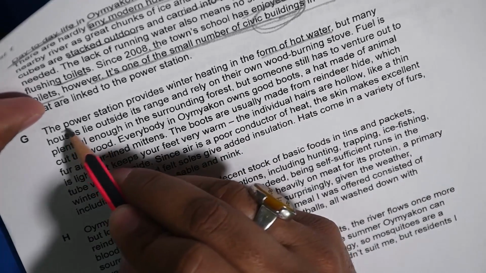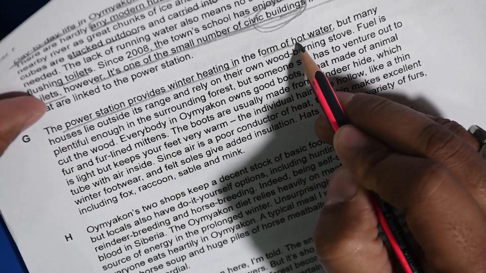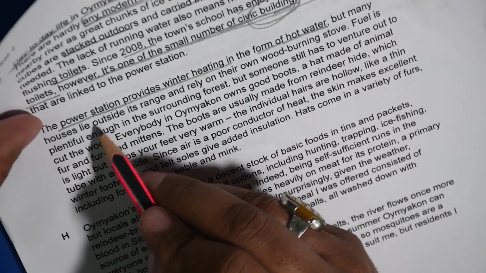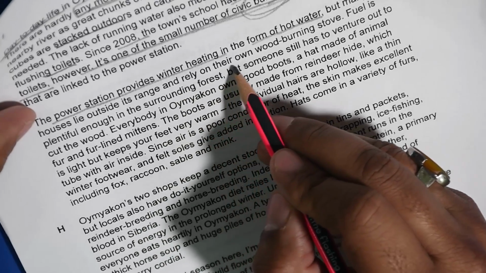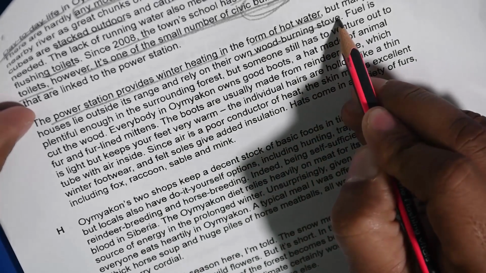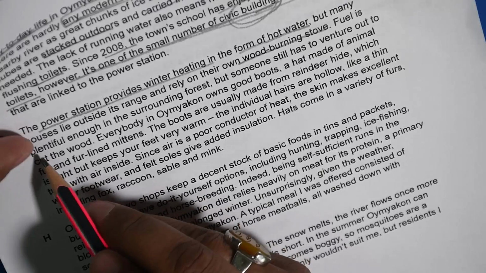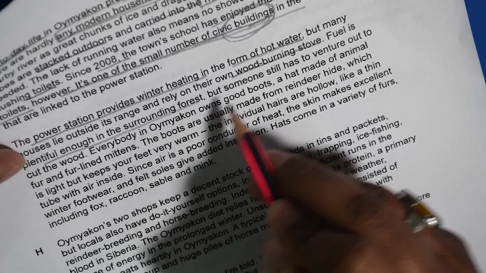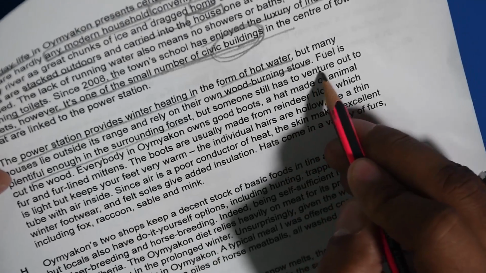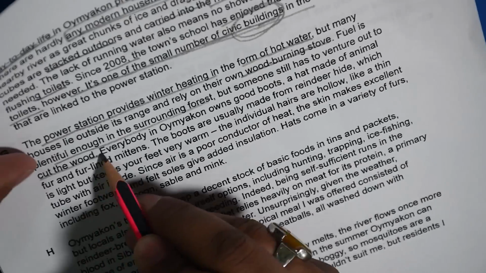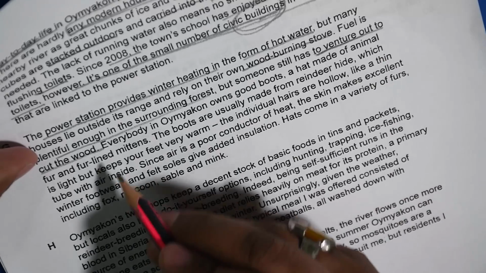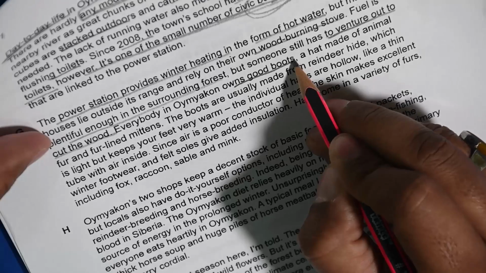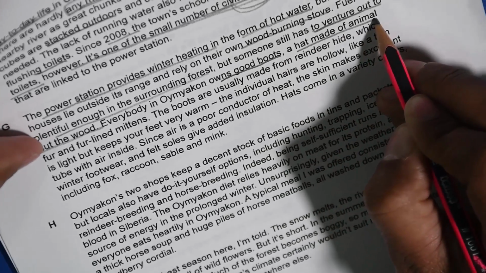But many houses lie outside its range and rely on their own wood burning stove. Fuel is plentiful enough in the surrounding forest, but someone still has to venture out to cut the wood. In the snow, huh? Everybody in Oymyakon owns good boots, a hat made of animal fur.